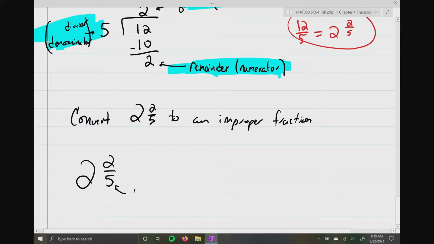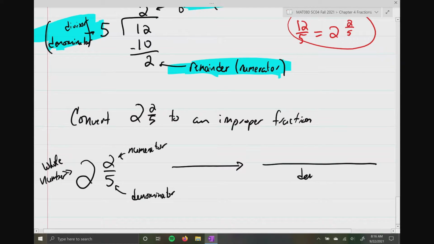Our 5 we know is our denominator. Our 2 is the whole number, or the big number out front. And then we have our numerator. So to convert, your denominator stays the same. And then up top, you take your whole number times your numerator.